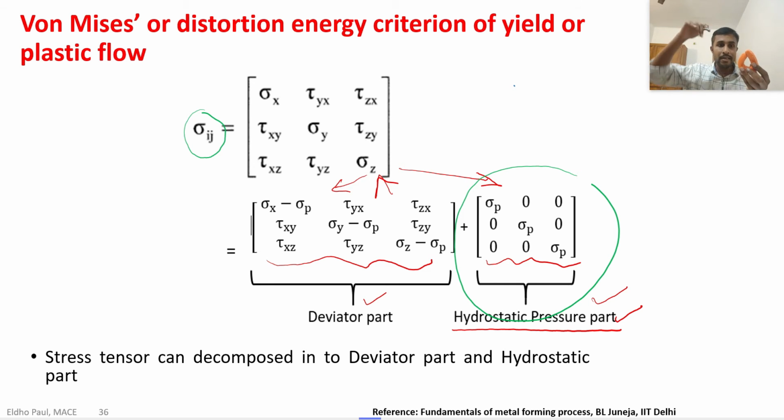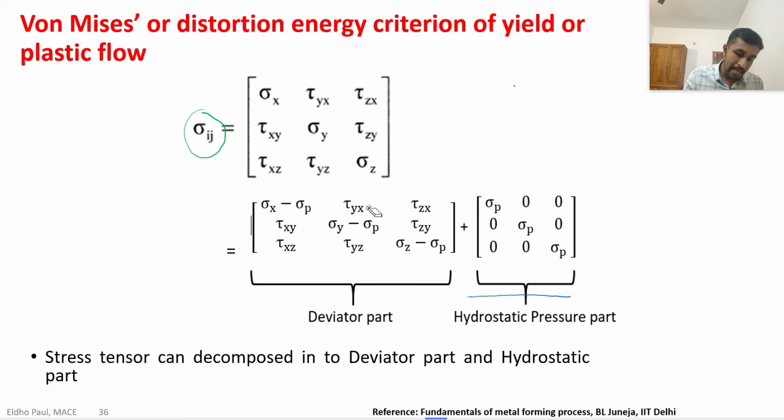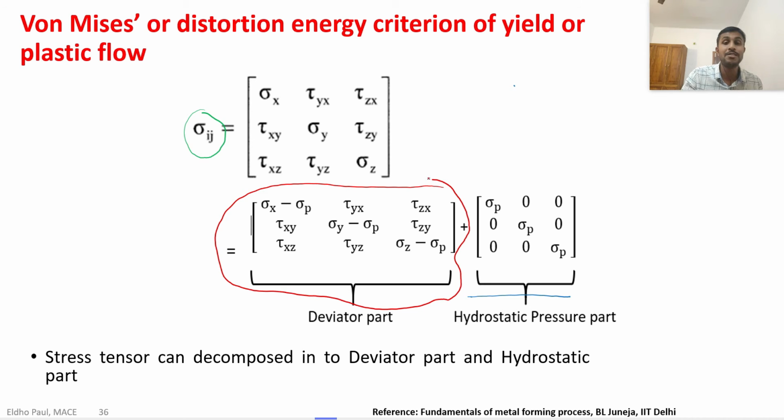When we supply some amount of load on this member, out of the total load, one part is only utilized for changing the volume, and that part is called the hydrostatic part. We have another part, called the deviator part, which contributes to the shape change.